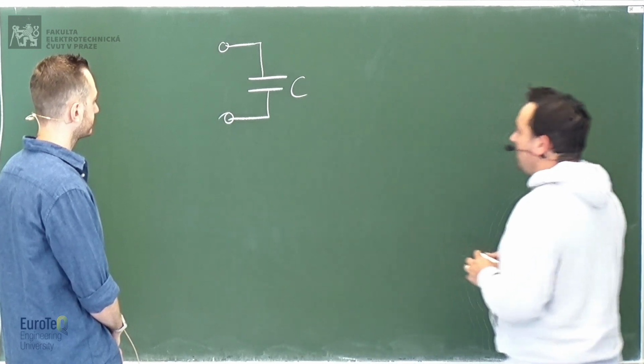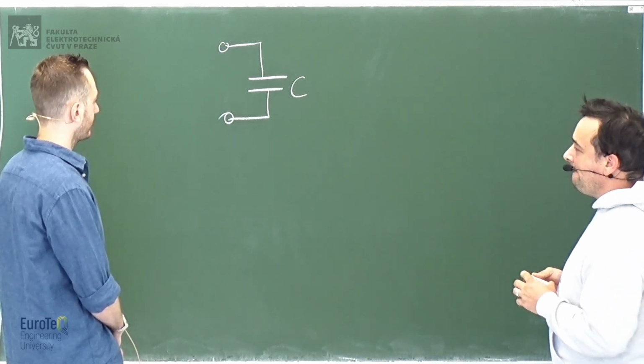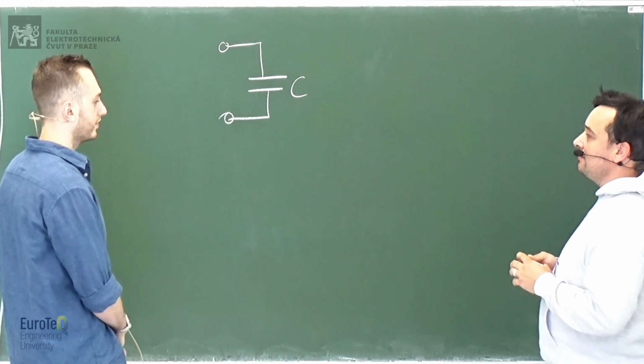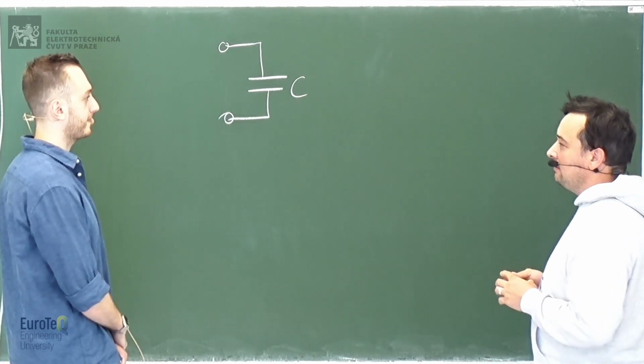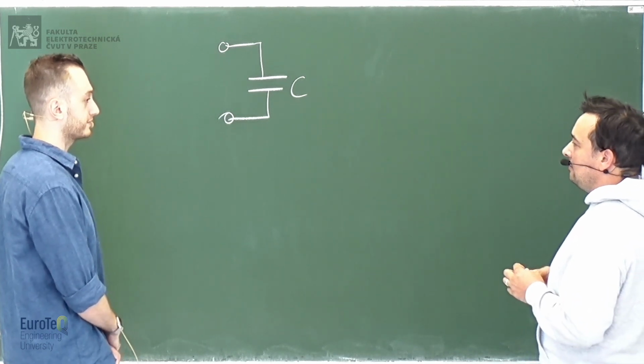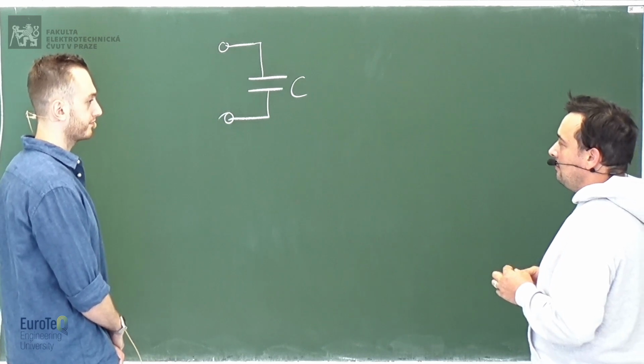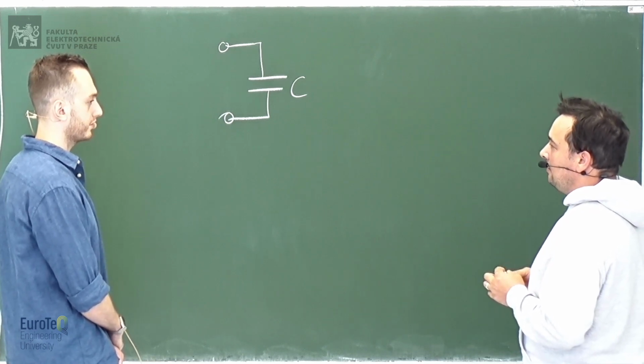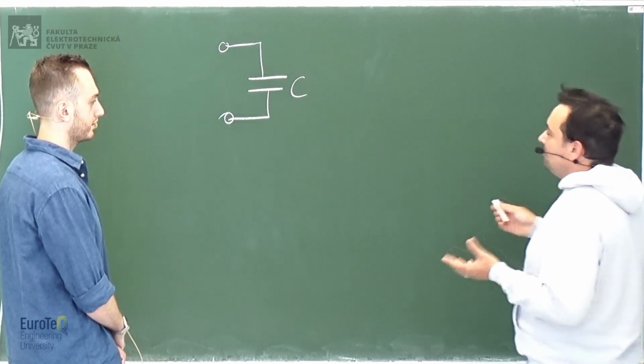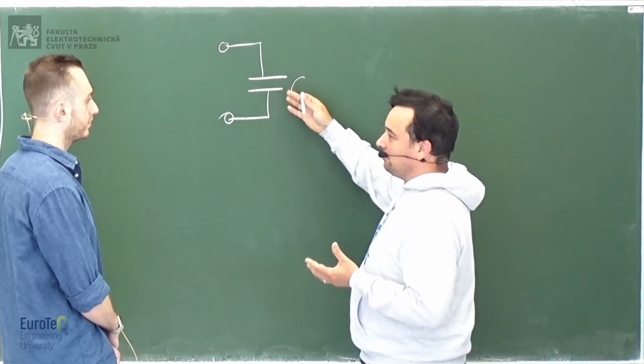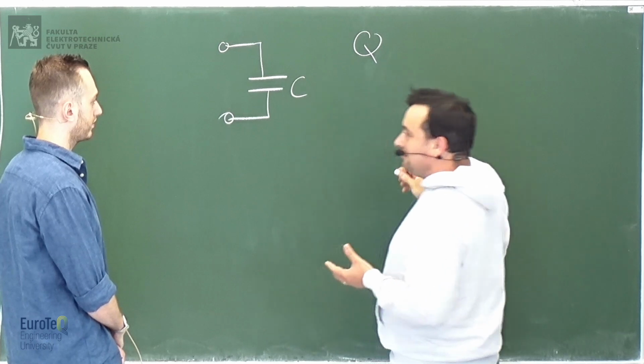How do we define the capacitance? What is the capacitance? The capacitance is how much charge can be stored in the capacitor. Not precisely. How much charge can be stored is the charge.